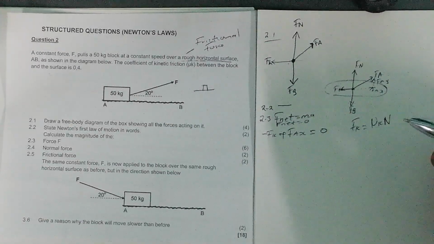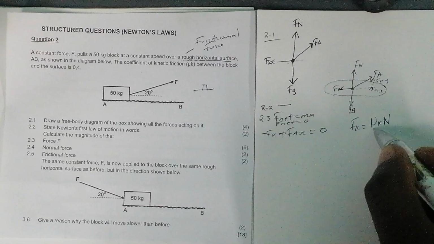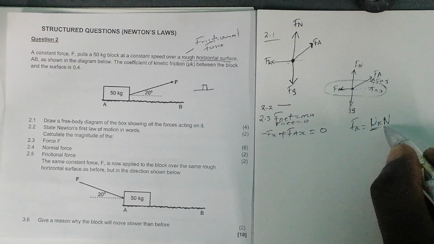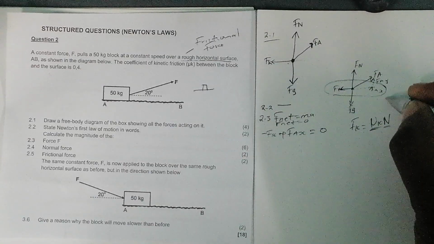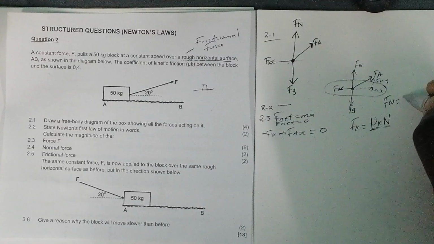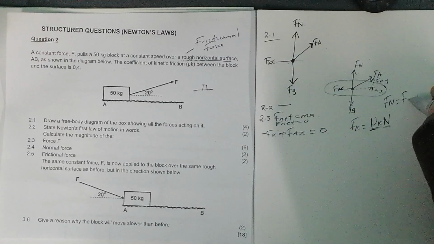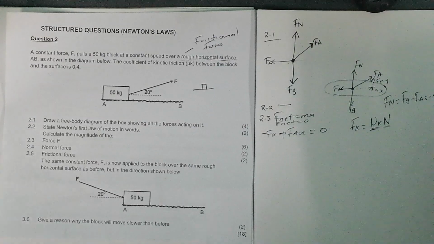But now we can't have the value of Fk, because we just have the value of mu k, not the value of the normal force. Therefore, we have to calculate the value of Fn first, so that we can substitute it here, which is Fg minus Fa sine theta.